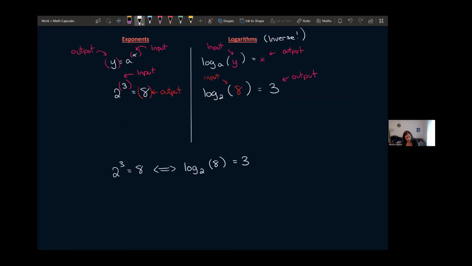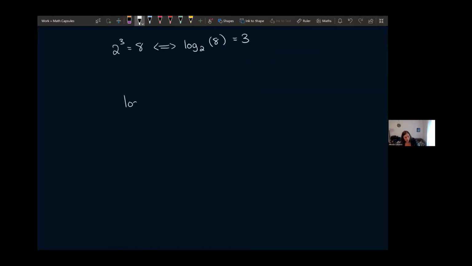So what's log base 2 of 8 equal to? How do I answer that? I need to understand what question that is really asking. By going back to the line up above, I can remember that what that's really asking is an exponential question. It's asking 2 to the power of what would give me 8.